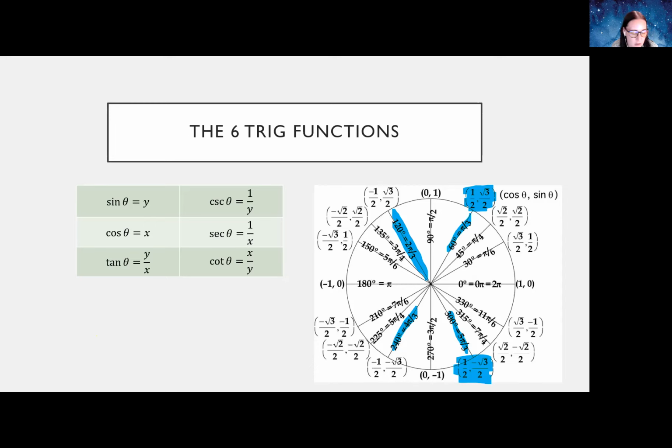The period here is, let me go back, essentially 2 pi for sine and cosine. But if we look at our answers here, we can actually use a shorter period.